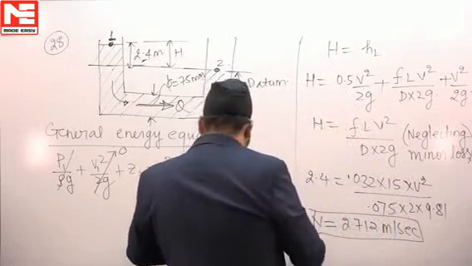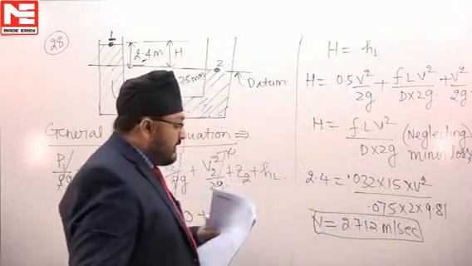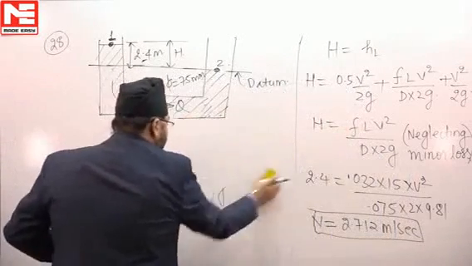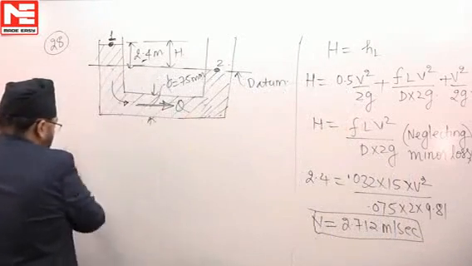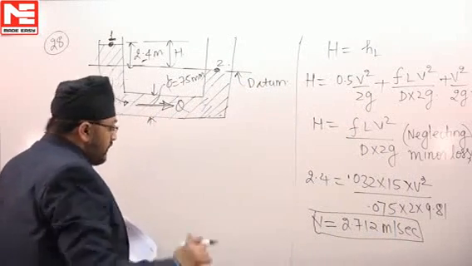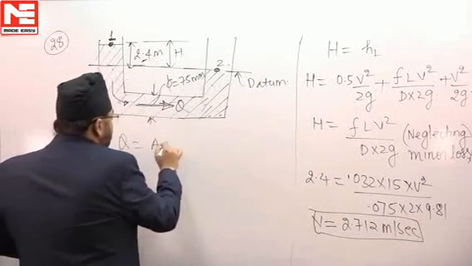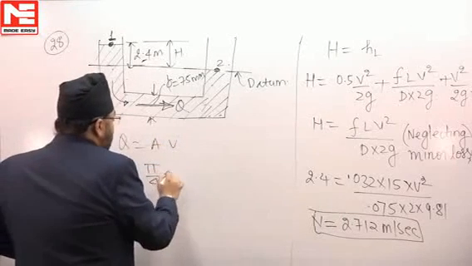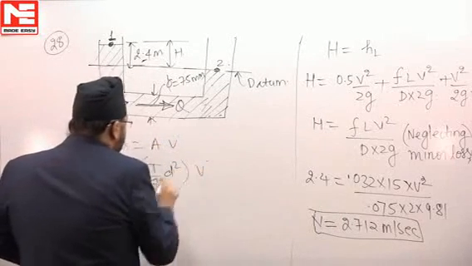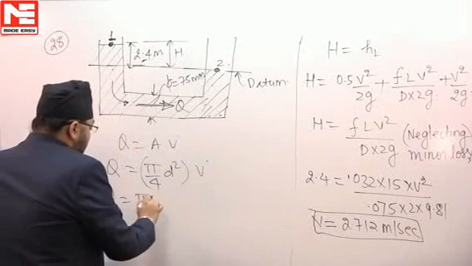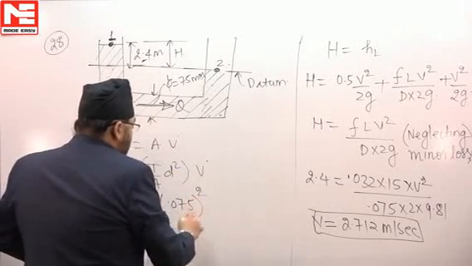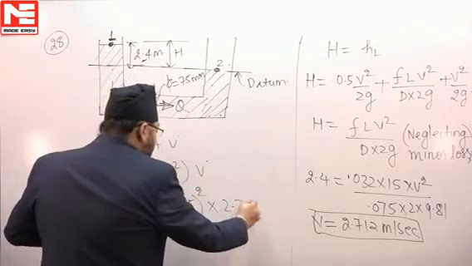If velocity is this much, we can find out the discharge. Discharge will be area multiplied by velocity. What is area? Pi by 4 d square into V. Pi by 4, diameter is 0.075, into velocity 2.712.